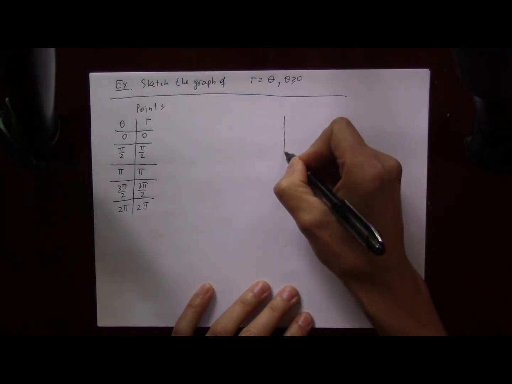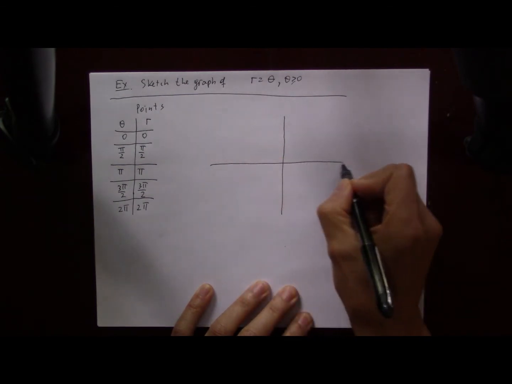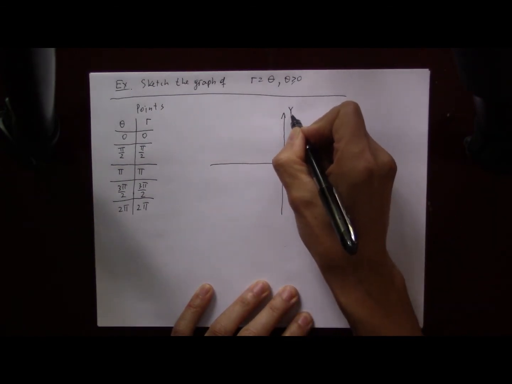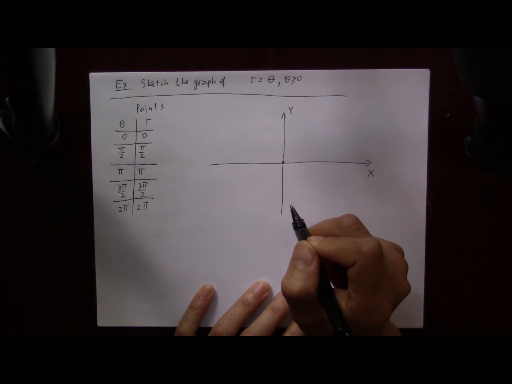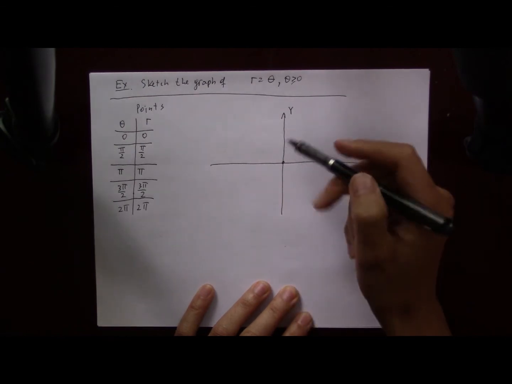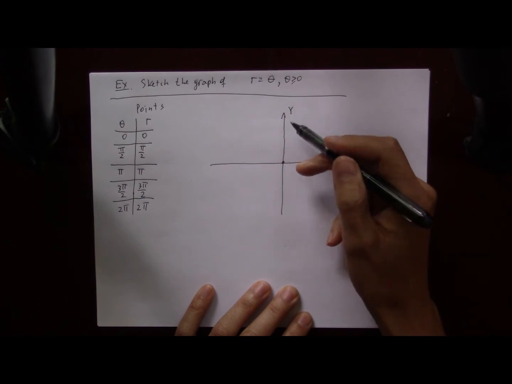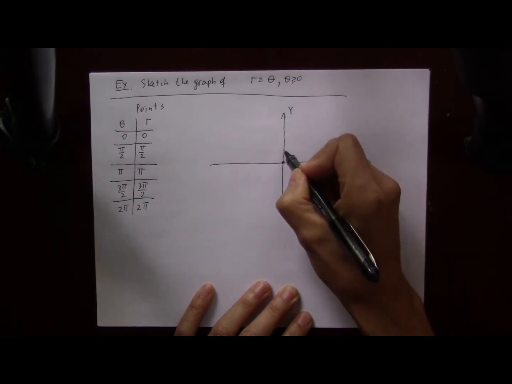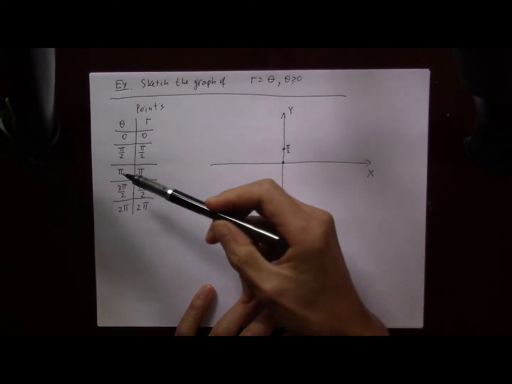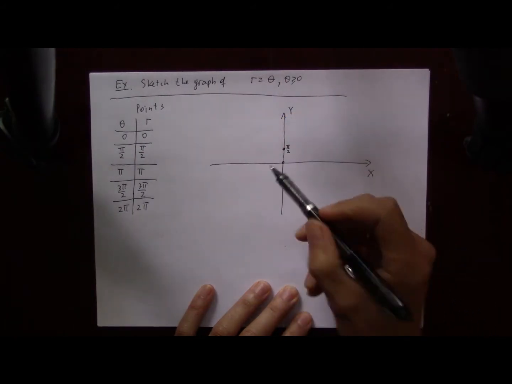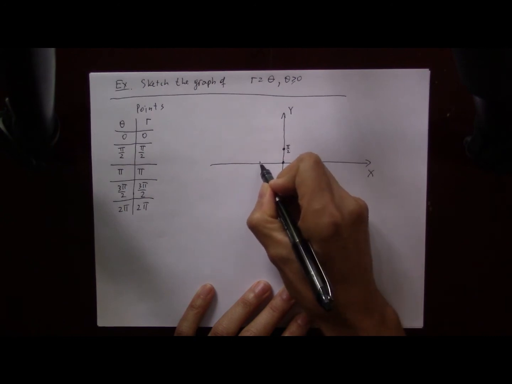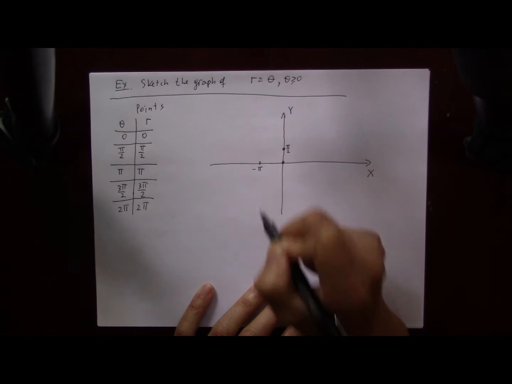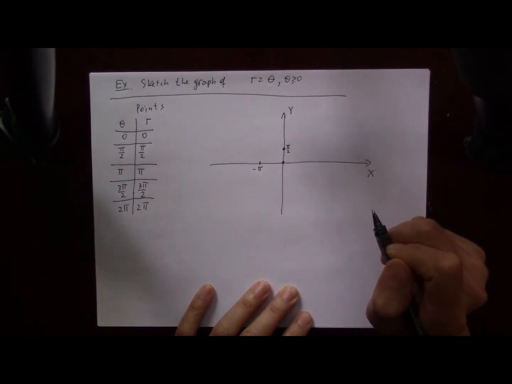And now we transfer these points onto our xy plane. So we start when r equals 0 and theta equals 0. When the angle equals pi over 2, so we're on the positive y-axis, r equals pi over 2, so we get a point somewhere here. When the angle equals pi, the radius is also pi, so we know the distance is pi from the origin, so we're somewhere here, at negative pi on the x-axis.